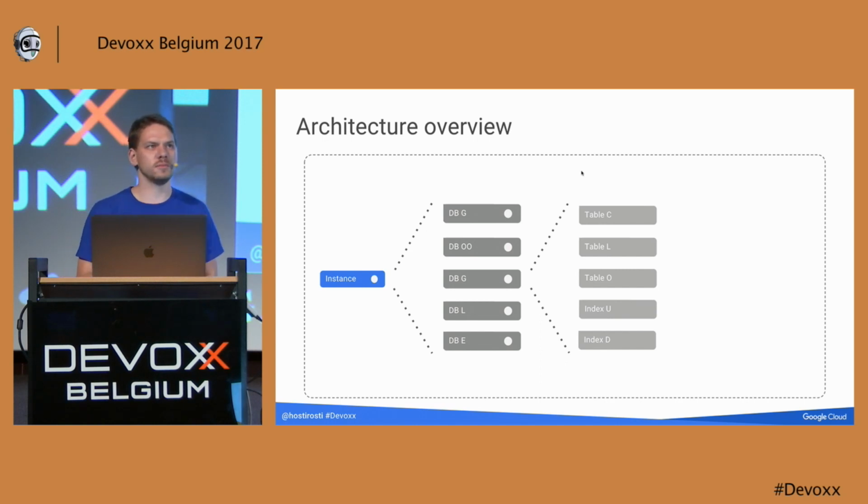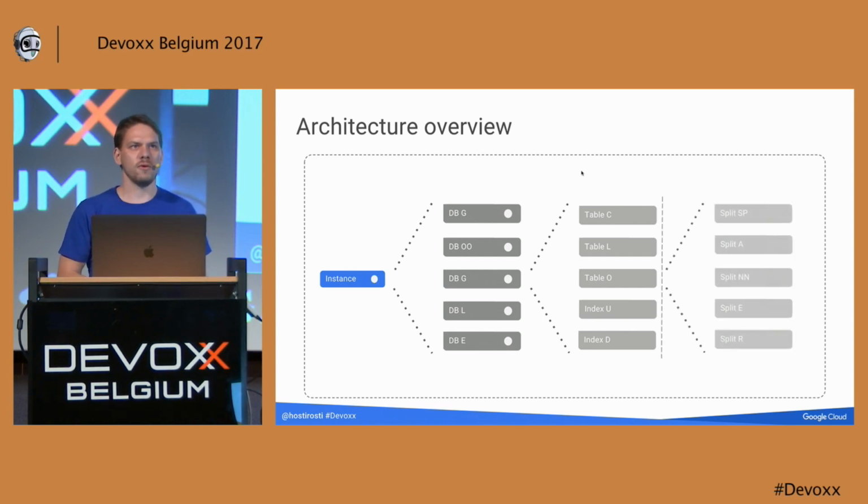Now, we needed a concept internally that enables us to actually scale, to horizontally scale. So internally, we have a concept of splits. And a split is nothing else than we basically take your table ordered by primary key lexicographically, and then we chop it up in parts.